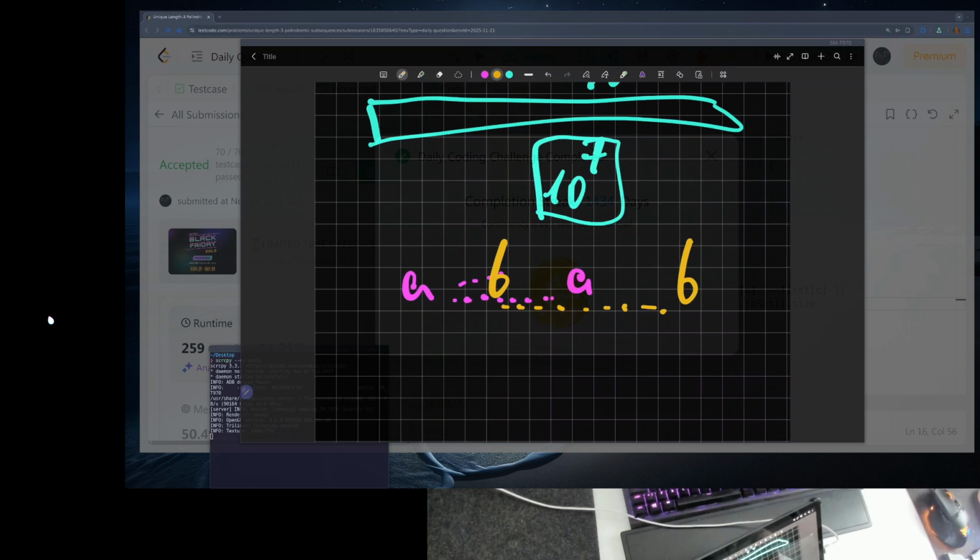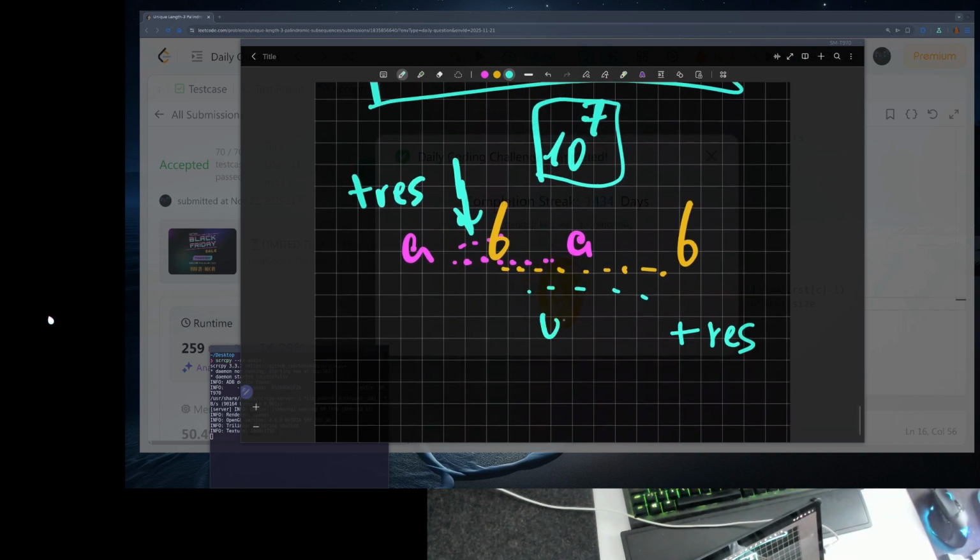And for any character in the middle, there is a plus to the result, and this too. However, they should be unique.